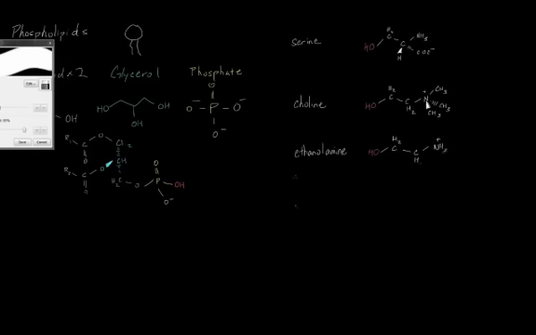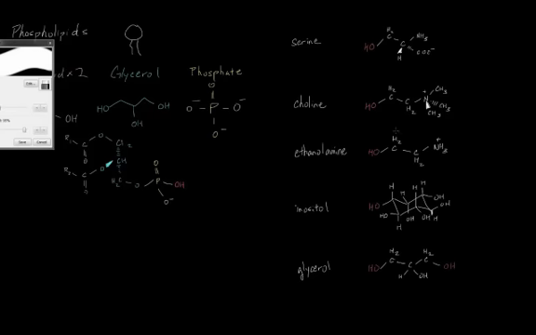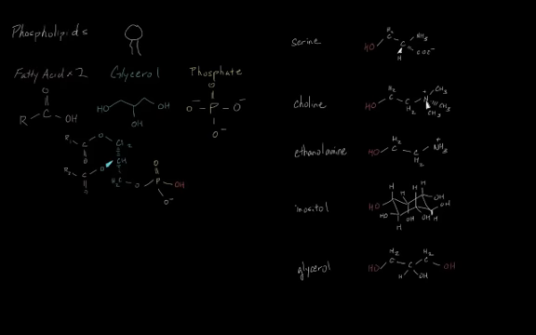Unless you're a researcher who really loves the cell membrane, you probably won't need to know this by heart because these structures get a little complicated. But it's still a good idea to get acquainted with what they look like. So there's serine, choline, ethanolamine, inositol, and glycerol.